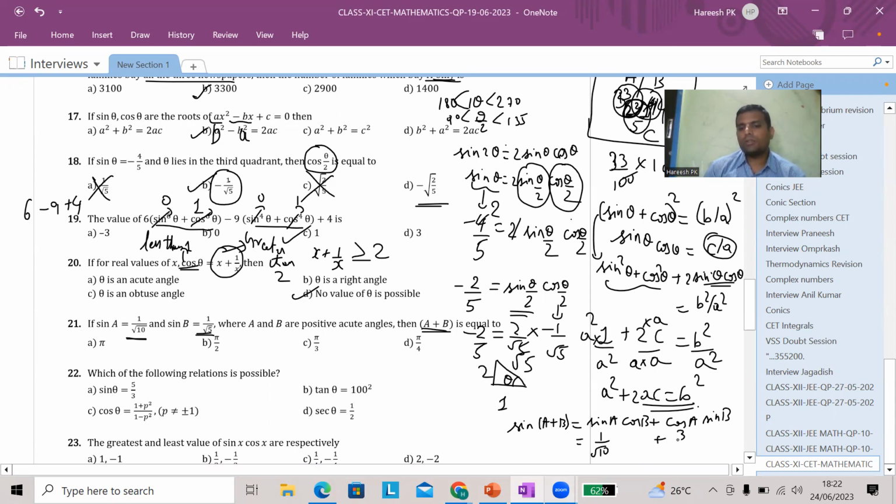So cos A, you will see, is 3 by root 10. You yourself complete the right angle triangle, you will see. And sin B is 1 by root 5. So cos B will be 2 by root 5.